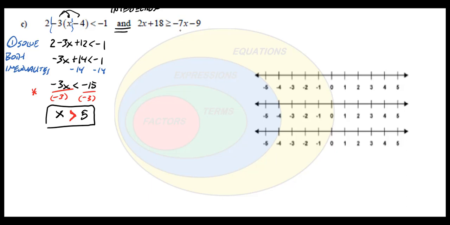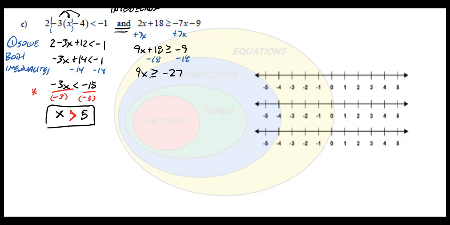here, we'll isolate the variable term so I can add 7x to both sides. That would give me 9x plus 18 is greater than or equal to -9. Isolating the variable term again, we'll attach a -18 to both sides. That would give me 9x is greater than or equal to -27.